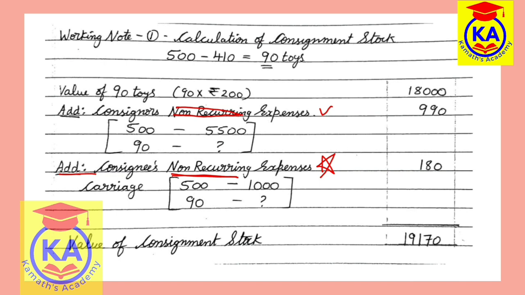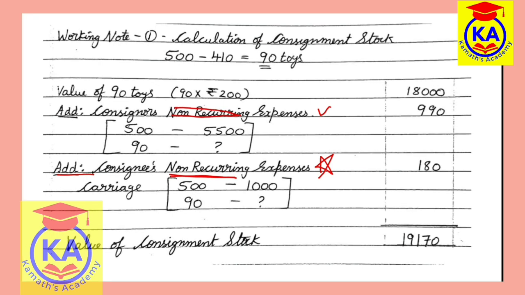Okay, so only those expenses are to be written here. So add consignee's non-recurring expenses. I repeat, non-recurring expenses are those expenses which are to be considered only up to the goods reaching the consignee's godown.